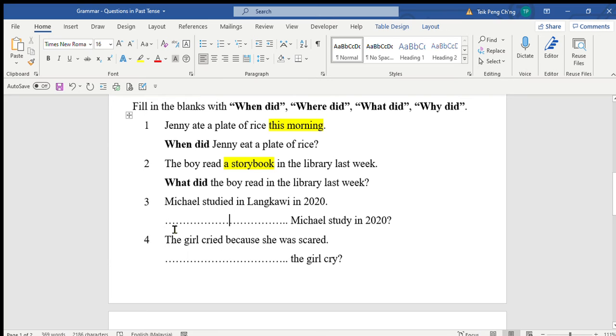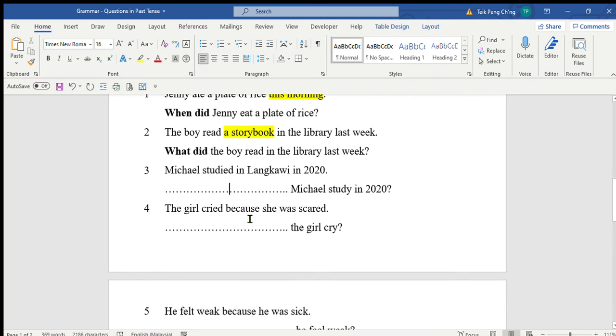Number 3. Michael studied in Langkawi in 2020. Okay, again, what is the missing information here? In Langkawi. Langkawi is a place, right? So when we want to ask about place, we have to use where did. Where did Michael study in 2020?